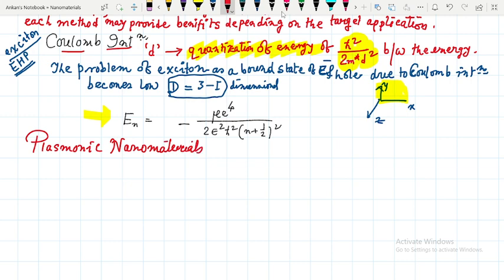Okay, so nanoscale structures made of metals like gold, silver, and aluminium can support surface plasmons. Let me draw some material like this; it will have some surface plasmons.